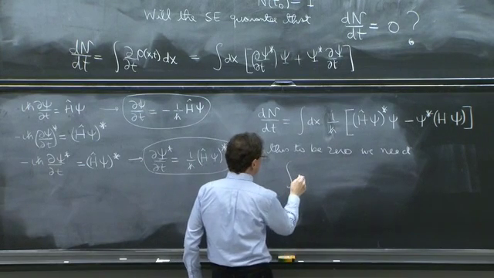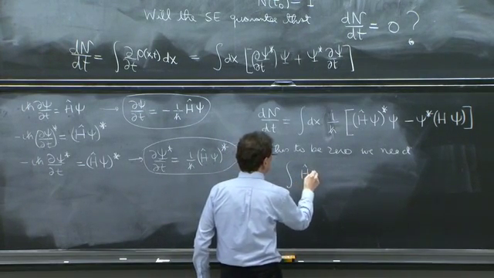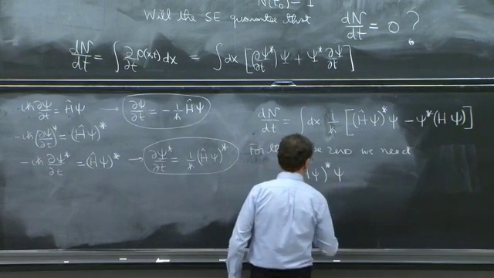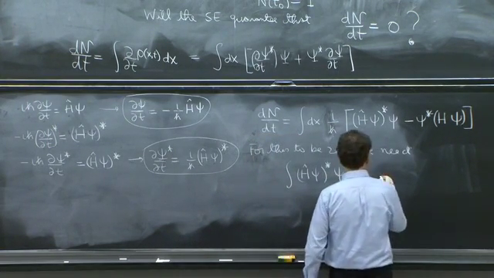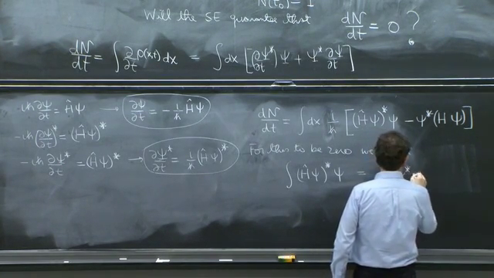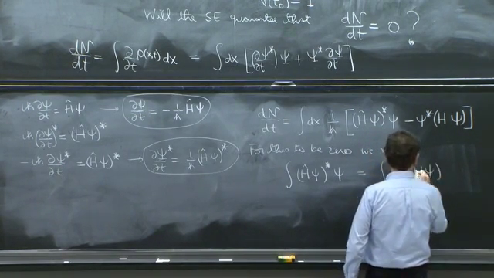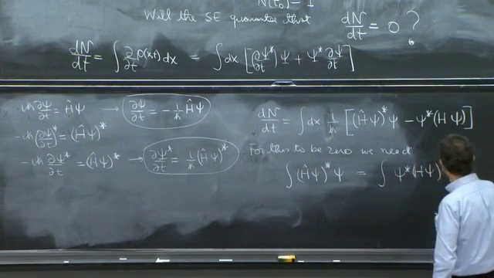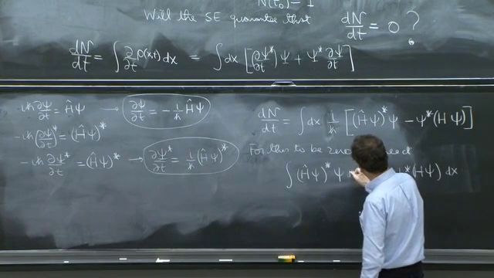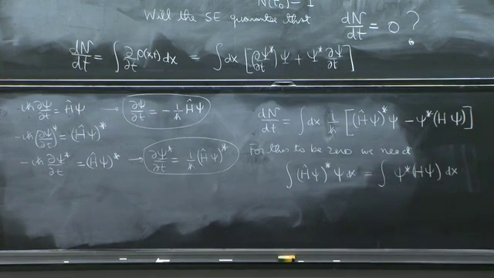The integral of H psi star psi must be equal to the integral of psi star H psi. And I should write the dx's. They are there. So this would guarantee that dn/dt is equal to 0.